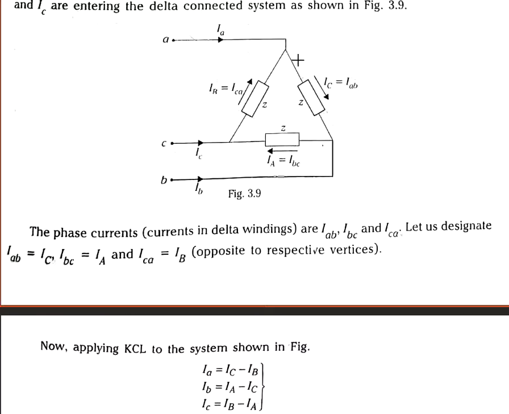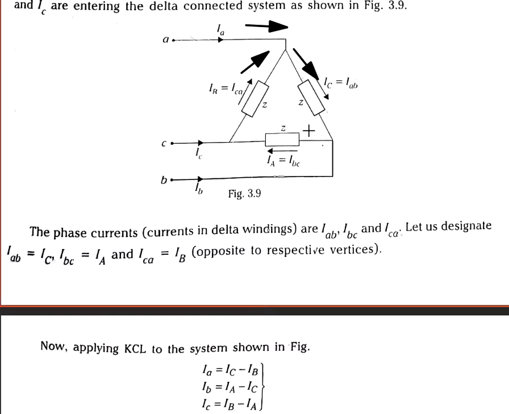This is my incoming current, this is also my incoming current, and this is my outgoing current. As I said, KCL states the sum of the incoming currents is equal to the sum of the outgoing currents.